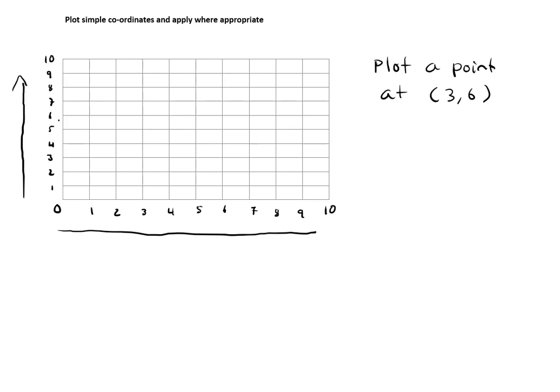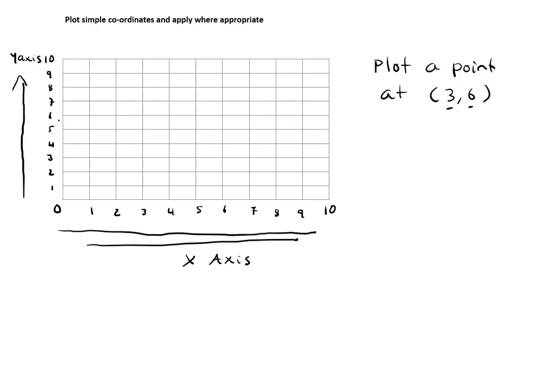The key to this is to remember that the 3, so the first number, refers to the horizontal axis, which is known as the x-axis, and the second point refers to the vertical axis, which is known as the y-axis.